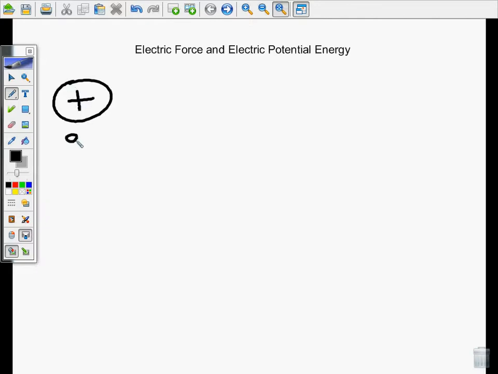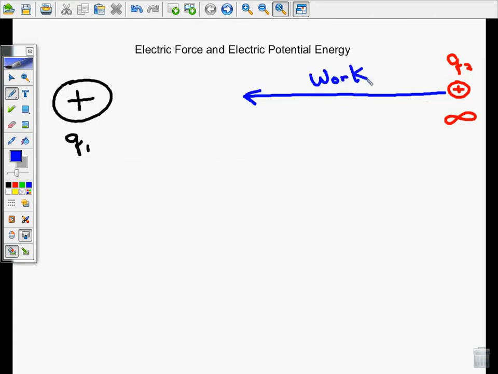Q1, and basically if we had another charge, like a test charge Q2 at infinity, it would take so much work to bring that test charge to this location over here, at distance r from the big Q1.